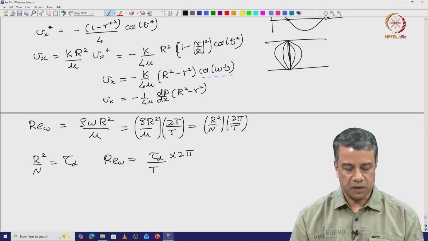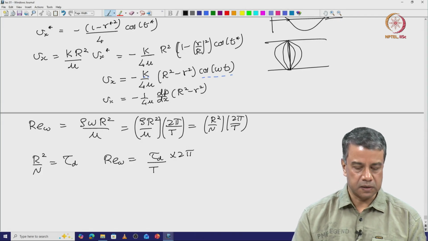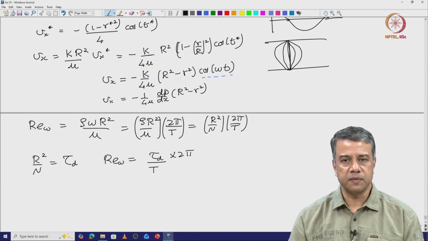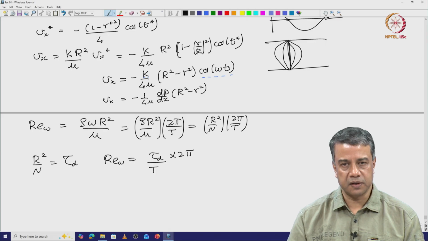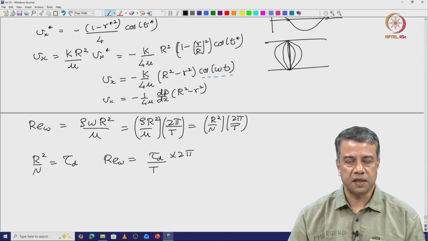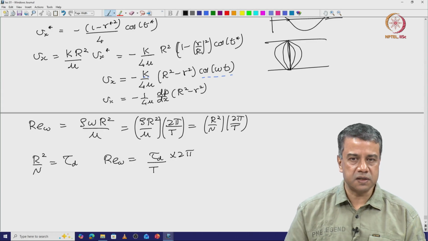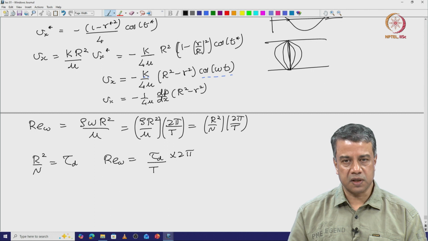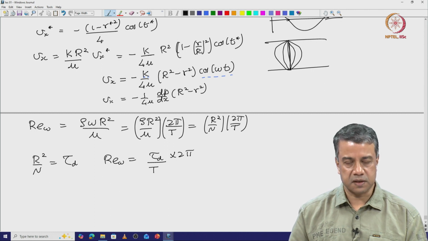What is the limit of low Re omega? The limit of low Re omega is where the diffusion time is much smaller than the time period of oscillation of the pressure. That means that momentum diffuses across the entire pipe over a time scale small compared to the time period of the oscillation.